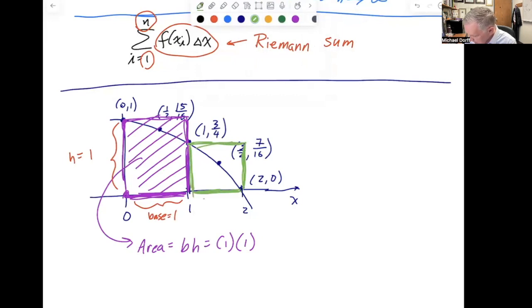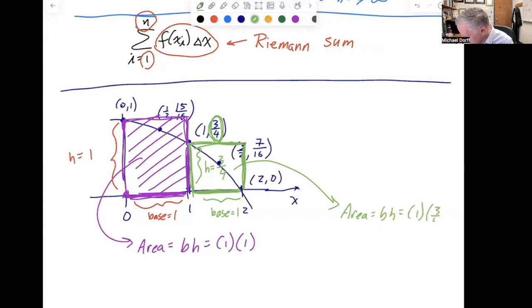The base is 1 also, and the height now is 3/4, which comes from this value right there. So this area equals base times height, which is 1 times 3/4.